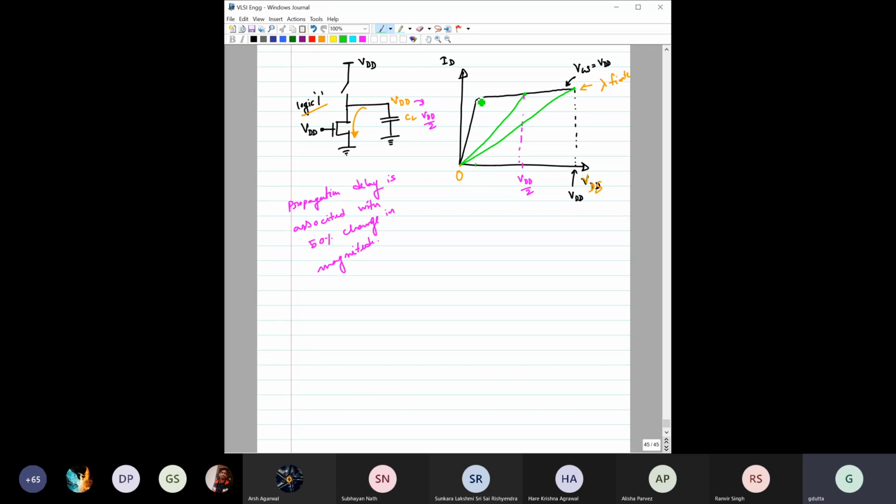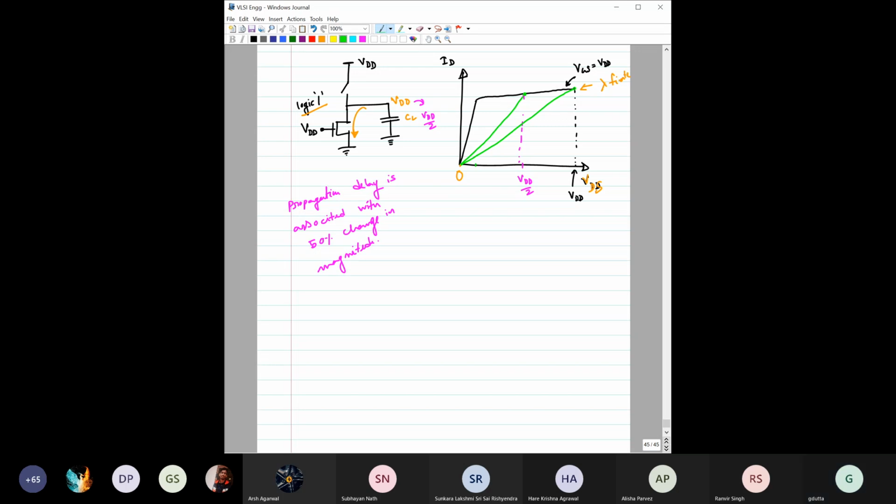So for most of the VDS range, the output transition region, the transistor would be in the saturation region only. So you can take an average between these two points and find the average resistance of this transistor. The same technique you can use for the PMOS to find its equivalent resistance.